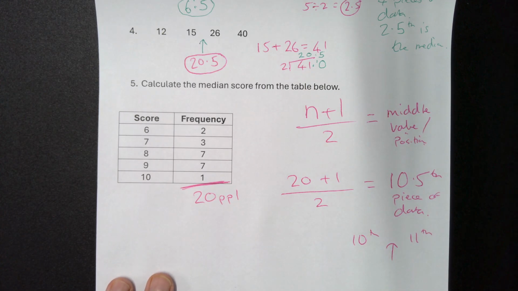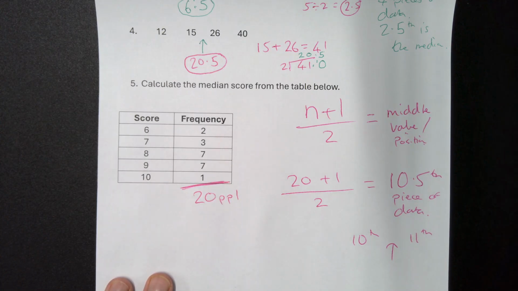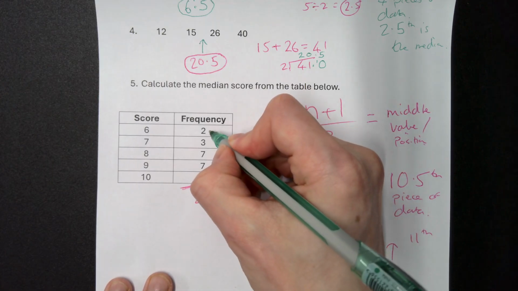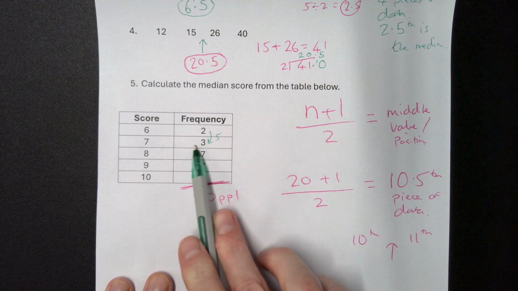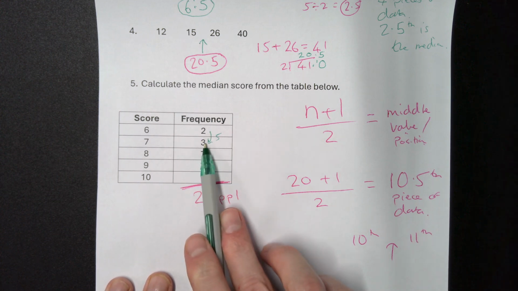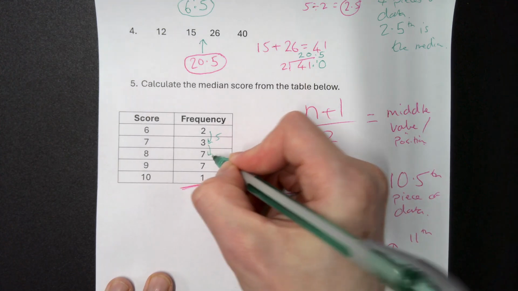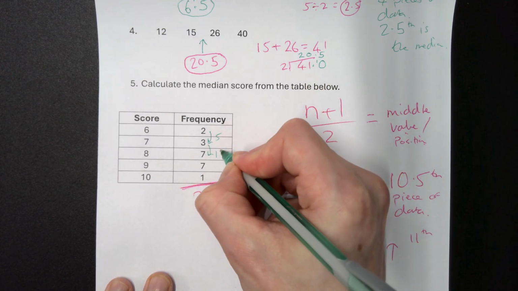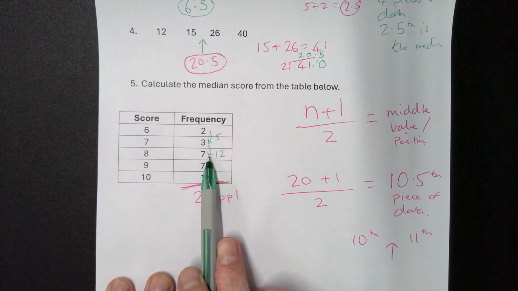The 10.5 piece of data, or in the middle of the 10th and the 11th, we want in the middle of them two. Now we need to find where it is in the table. The first 2 people are in there, so it can't be in there. If you add 3, that gives you 5, so the 5th person's in here. So you've got the 3rd, 4th and 5th people in here. Then we're going to add 7, so that's 12. So the 12th person's in there, as are the 11th, 10th, 9th, 8th, 7th, 6th people.